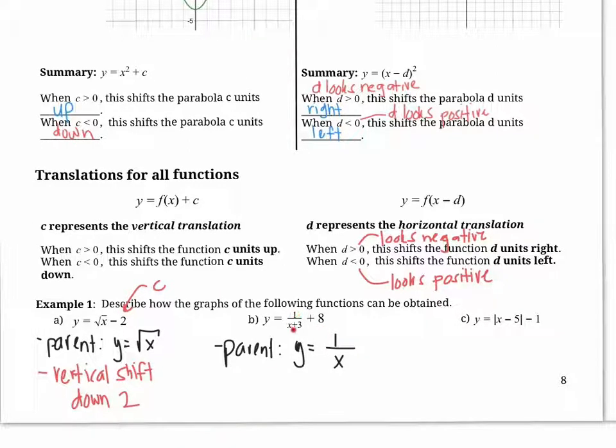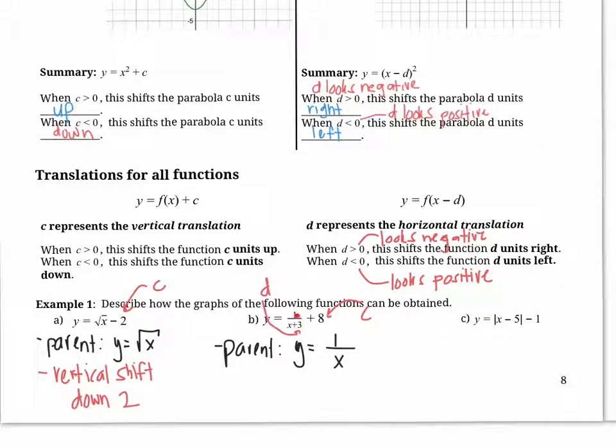So this plus 3 is inside where the x is, literally inside the function, underneath the 1 over, beside the x. So that must be our D. And this plus 8 is outside the function, so it's not involved in this fraction at all, so that must be our C.